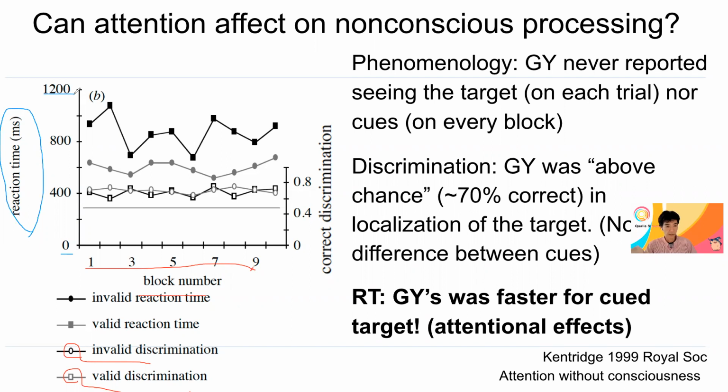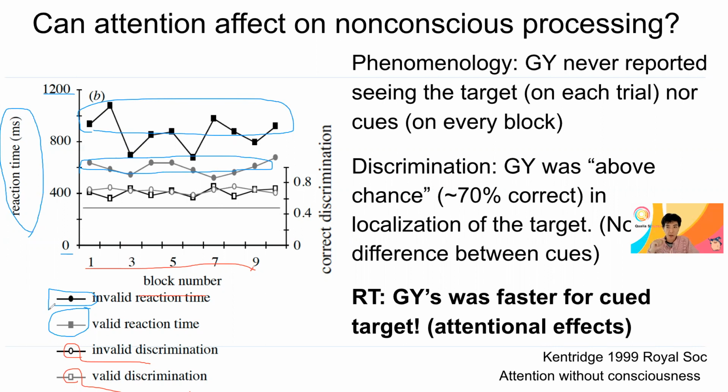Correct discrimination is on the right side. If you look at the reaction time for the validly cued location, it is faster, around 600 milliseconds here. On the other hand, if the cue was located in the other location, his response was slower. So in terms of detection and discrimination of the location, the correct answer was roughly 70%, but the processing was hastened because of the attentional cues.